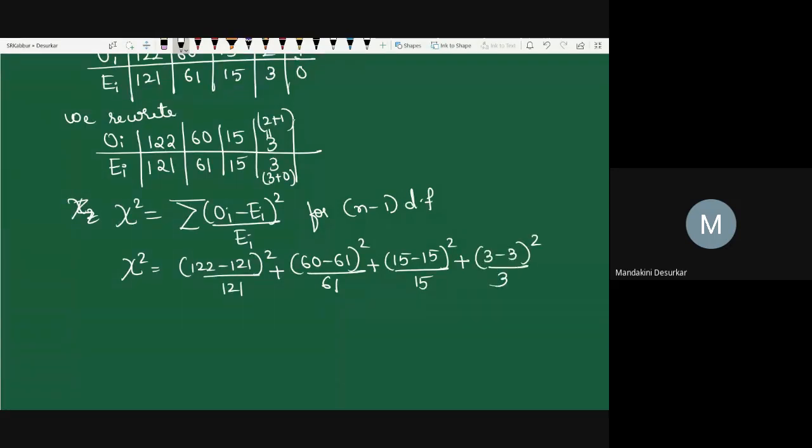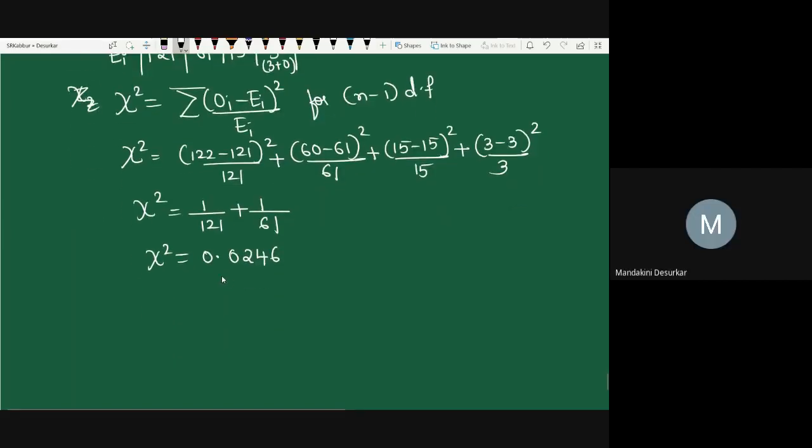The last two parts are 0. So chi-square is 1 by 121 plus 1 by 61. Check what is the answer. Is the answer 0.025246?